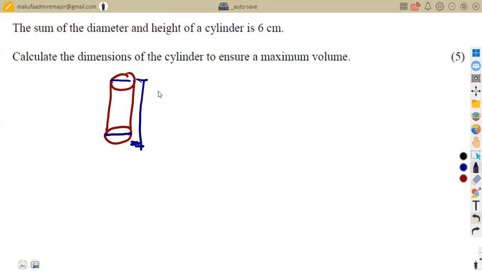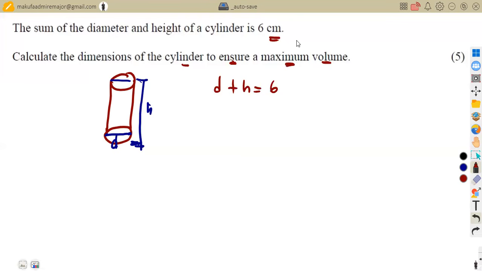So they are saying this height and diameter are related such that if we add the diameter plus the height, we are supposed to get 6 centimeters.